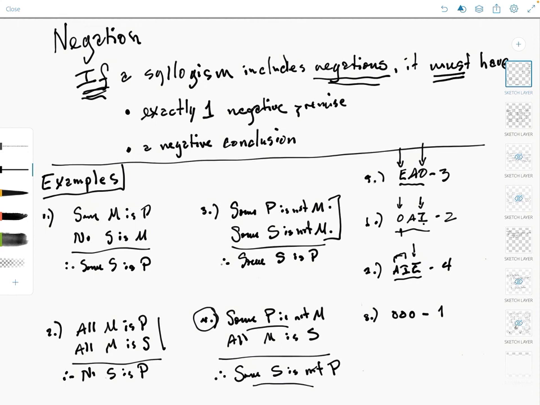Now look at number 8, OOO1. So let's just focus on the OOO mood. Notice we have negative major, negative minor, and a negative conclusion. So it breaks this rule. It breaks the first condition, exactly one negative premise, but it breaks it by having too many. So number 8 is the fallacy of exclusive premises.